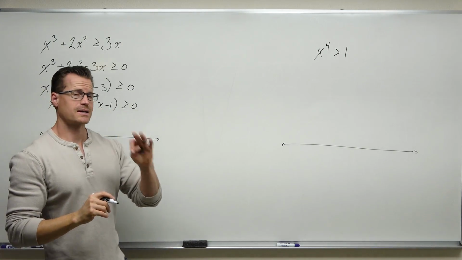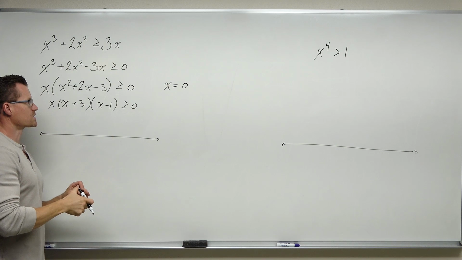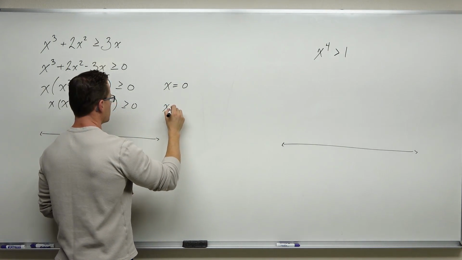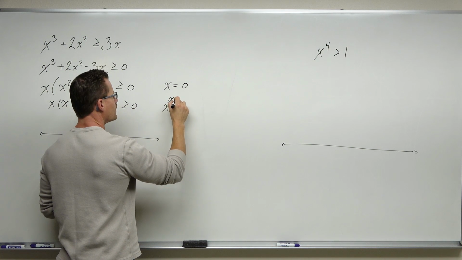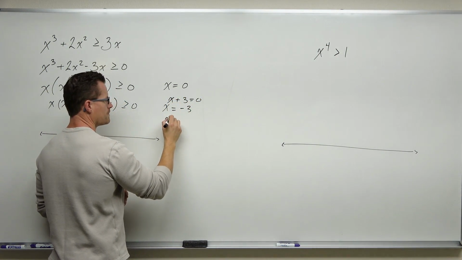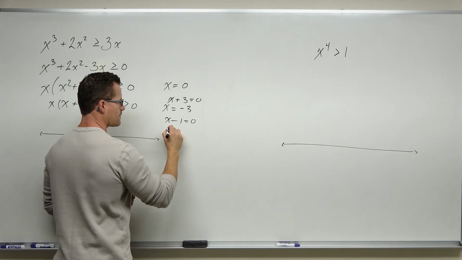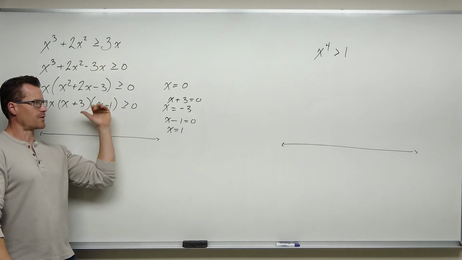And we have 3 x-intercepts. We've got x equals 0, x equals negative 3, and x equals 1. So we set our factors equal to 0.